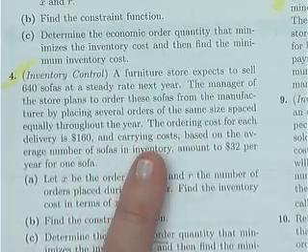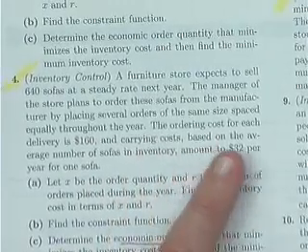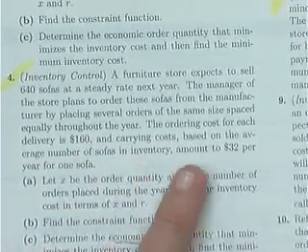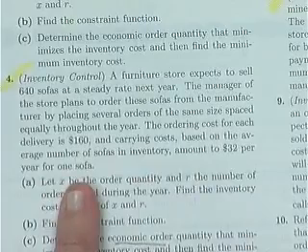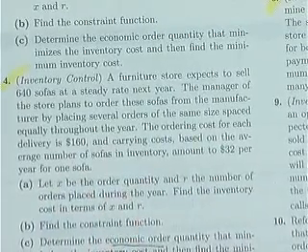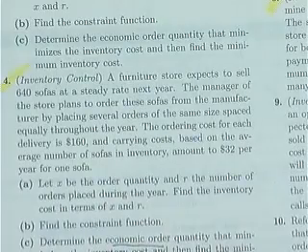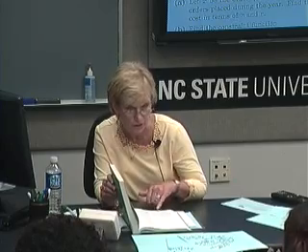Carrying cost, this is your insurance, building, lack of capital, and all this stuff. It's based on the average number of sofas in inventory, amounting to $32 per year for 1 sofa. Now, this particular problem never told us what the price of the sofas is, so that didn't come into play. Some of your problems will say the sofas cost so much per sofa. But we're looking for just minimizing the inventory costs.